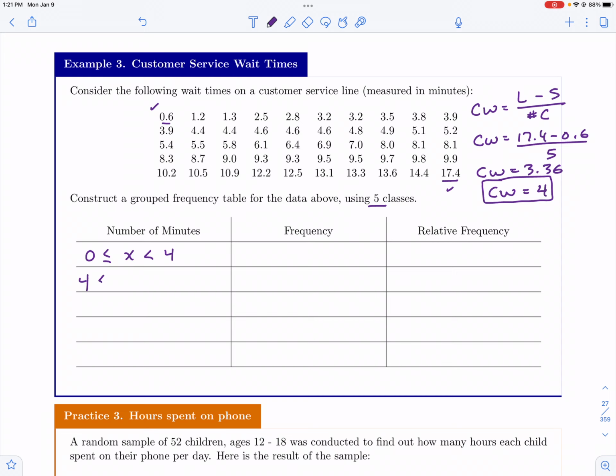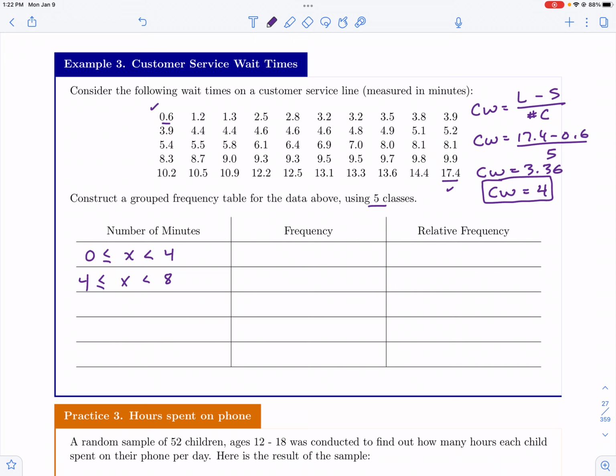Anything that's exactly 4 is going to live in that next row. So again, this is where we want to deal with no overlapping, every place has its own category and stuff like that. So that's how we deal with this, by setting the upper bound of the elements to be a strictly less than, and the lower bound to be a less than or equal to.